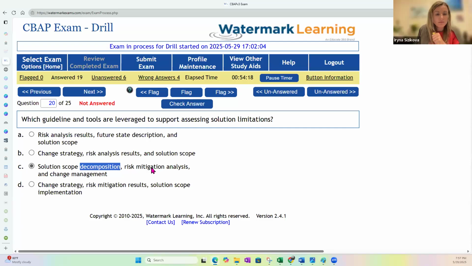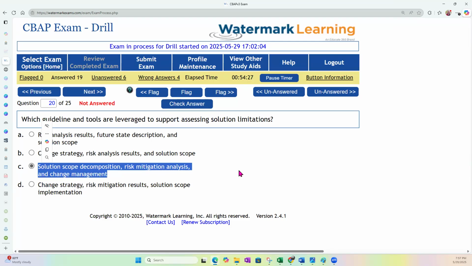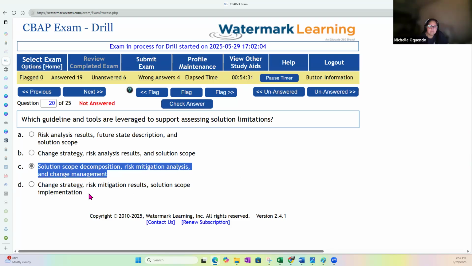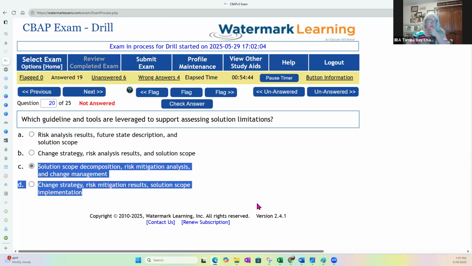Risk mitigation analysis, I don't recall that either. So we're eliminating C. And also I think D. What's wrong with D? Well, we have risk analysis result, but not risk mitigation results. Okay, so those are eliminated.